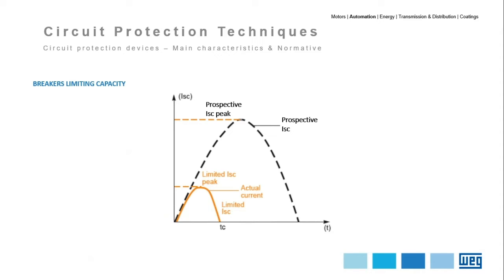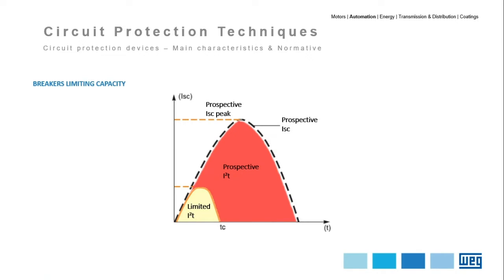In order to make it possible, the limiting device shall be capable of interrupting the fault in less than a half-wave cycle. Note in the picture that the limited peak current is much lower than the prospective peak current, which is the one that would be felt by the downstream devices in the absence of a limiting device. In consequence of limiting this current, the total I squared T, which is the fault energy, is also reduced.